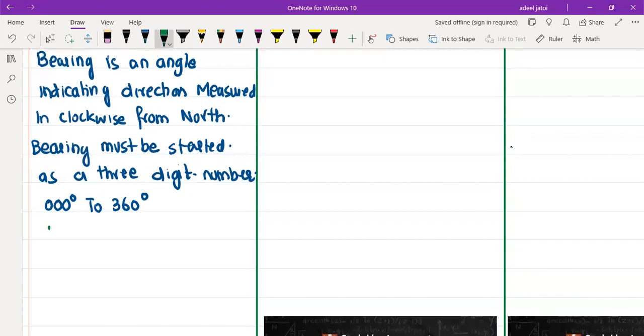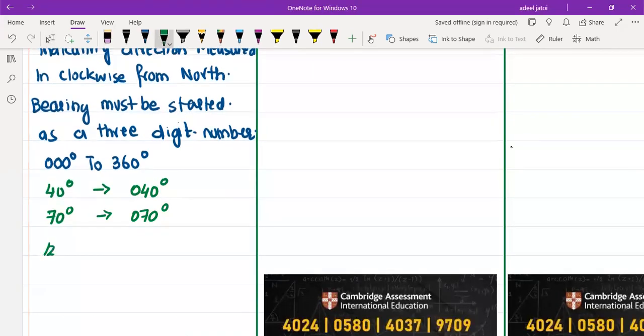An angle of 40 degree in bearing will be written as 040 degree. Similarly, an angle of 70 degree will be written as 070 degree. So your bearing will always be in 3 digits. 120 will be normally written as 120.